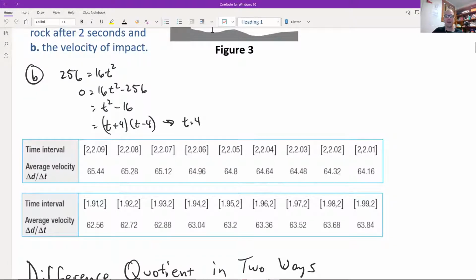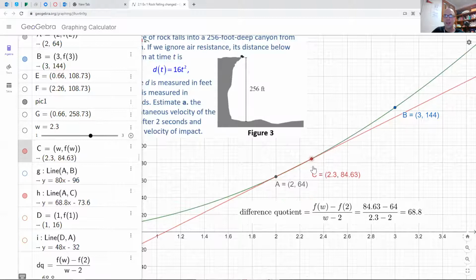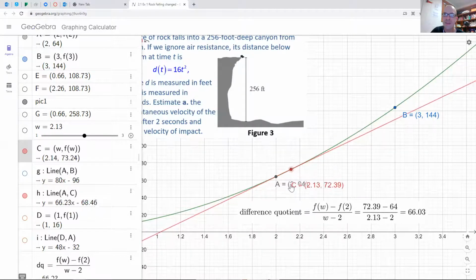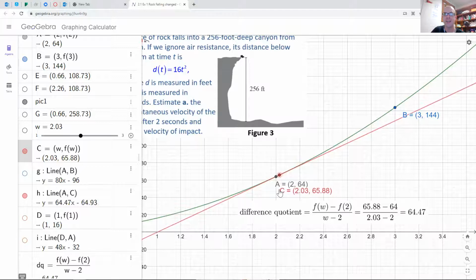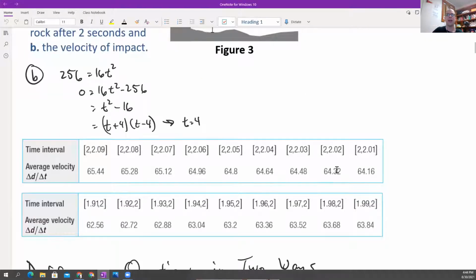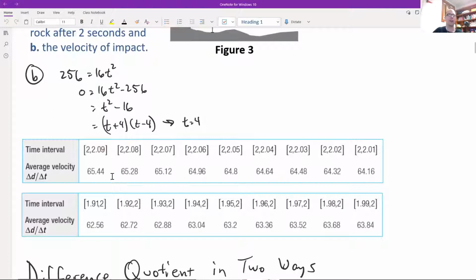That is the same thing as approaching from the right, so that your x value, here's 2.09, 2.08, 2.07, all the way in, and we get closer and closer and get a better estimate. Here's what that looks like numerically, just calculating those average velocities.